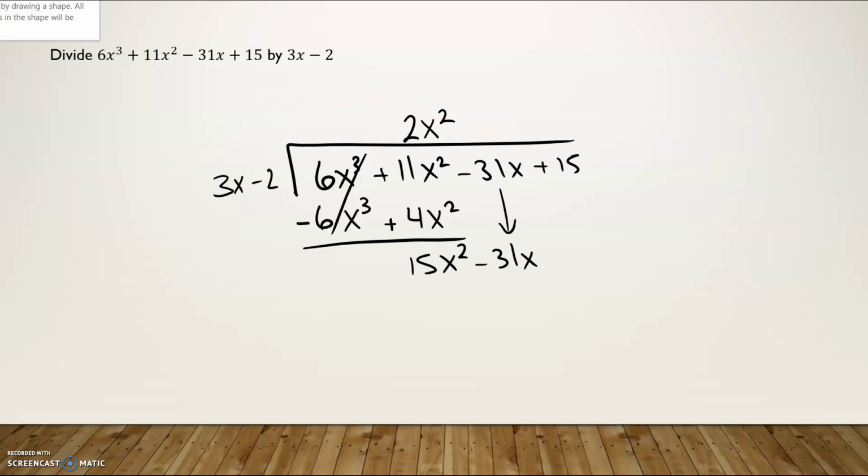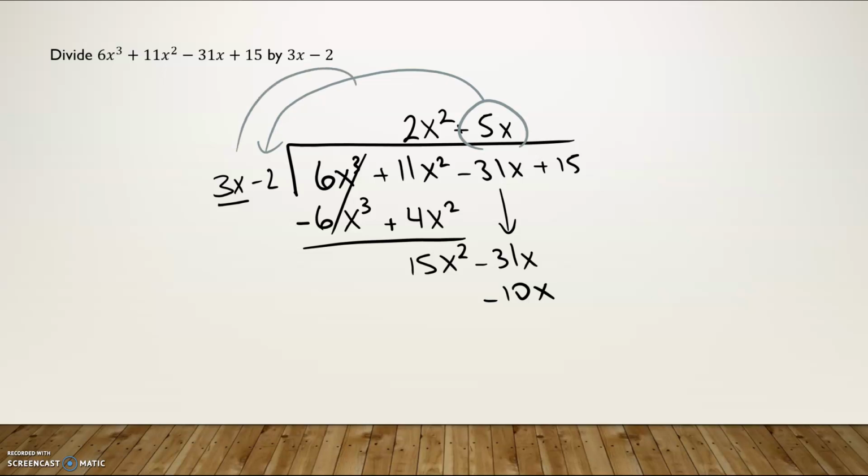Okay, so now what I'm trying to do is get this and this to be exactly the same. I can multiply that 3 times 5, and then I'm missing 1x. Then I can take this 5x and multiply it times this negative 2, and that will give me negative 10x.